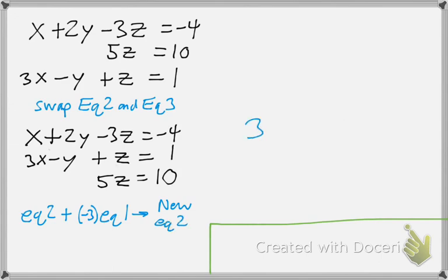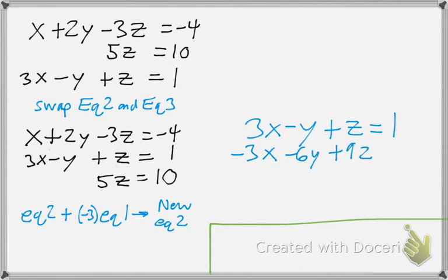This will be 3x minus y plus z is equal to 1, then -3x minus 6y plus 9z is equal to 12. If I add those up, I'll get -7y plus 10z is equal to 13.